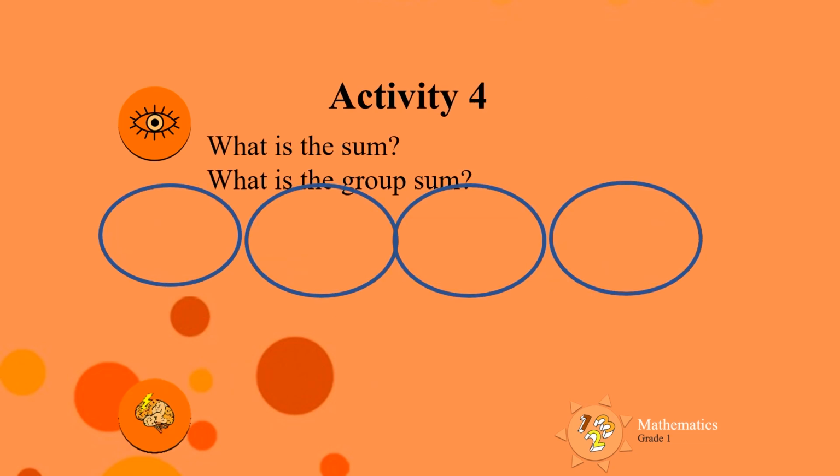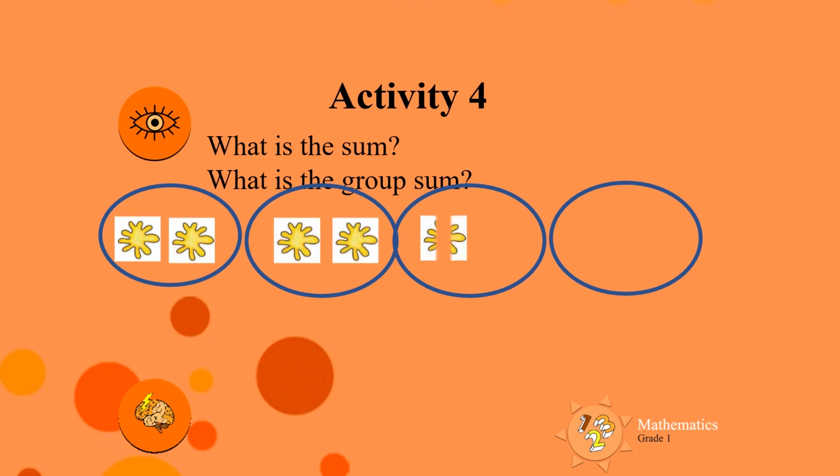Right, so if we look at this one, I'm going to ask you what is the sum, and then I'm going to ask you what is the group sum. So let's take a look quickly. Right. So what is the sum?